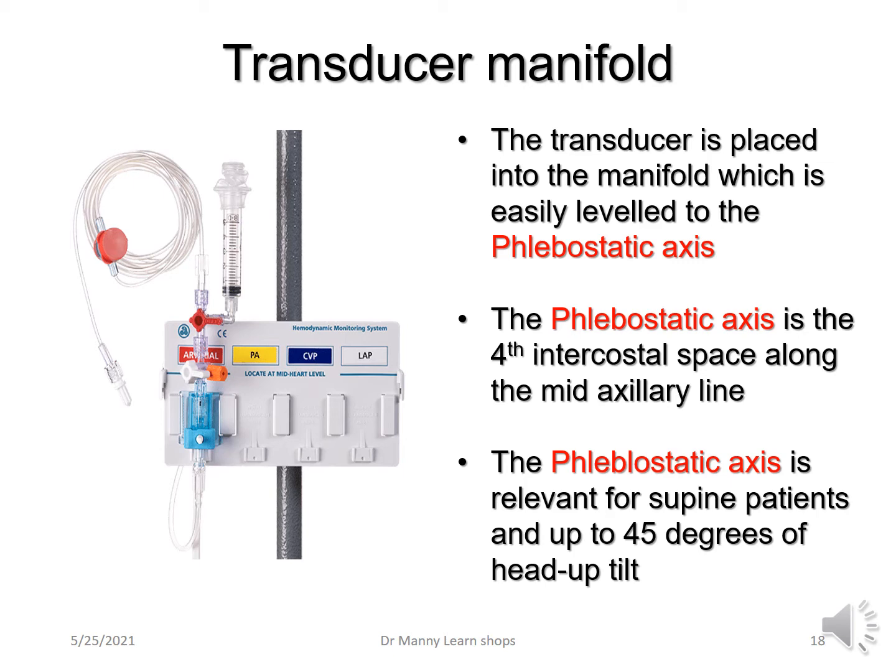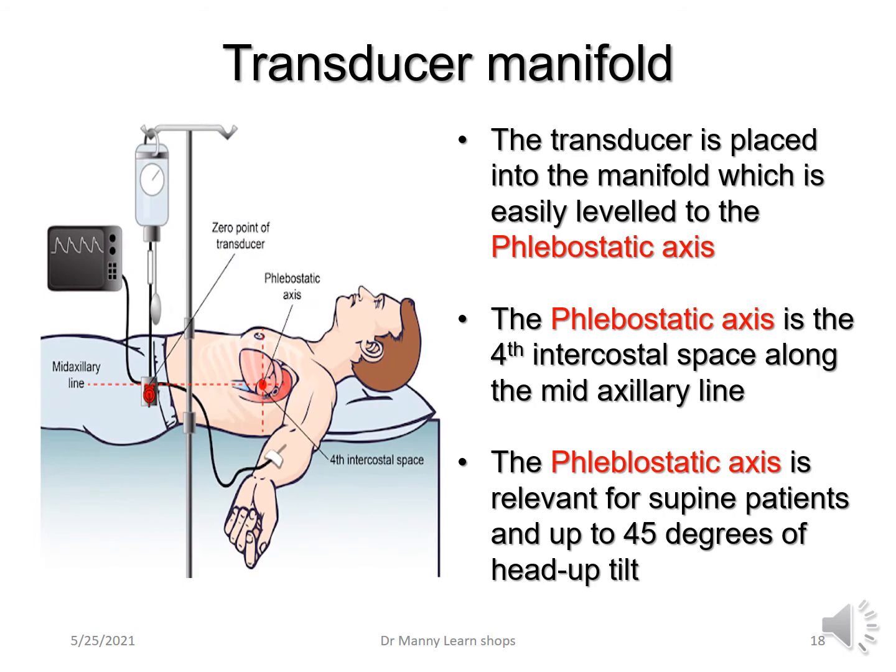It's relevant for supine patients and patients up to 45 degrees in the head up tilt position. Some of the academics say you can go to 60 degrees, but typically 45 degrees is the acceptable level. And this is where the transducer is leveled to the phlebostatic axis.